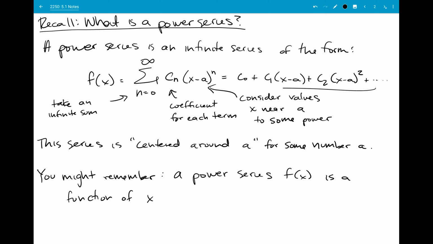So just from the way it's written right here, you should be comfortable with the idea that a power series is a function of x. It's something that takes in x and spits out this infinite sum.